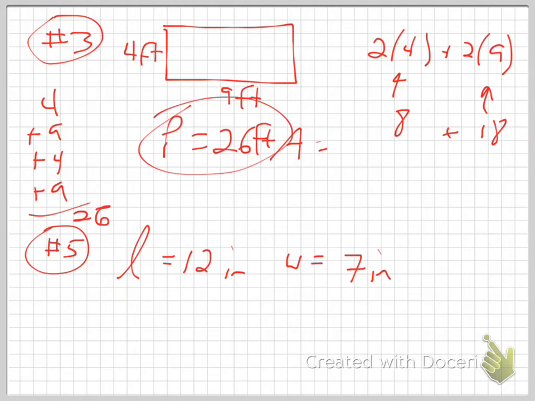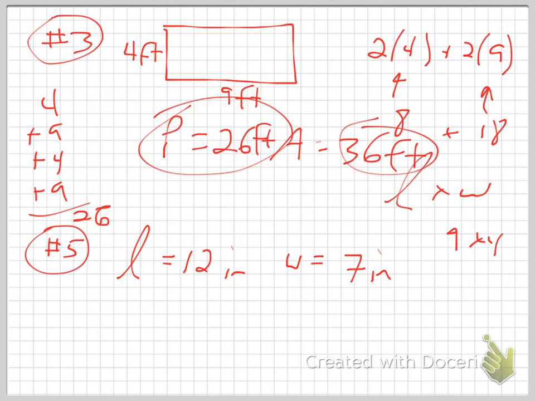Okay. Area. How do I find the area of any rectangle? Length times width, which is 9 times 4, which is 36 feet. Am I done? Is that right? 36 feet? No. If you put 36 feet like that, you're wrong. Because 36 feet is a distance. What is area again? It's the number of 1 by 1 squares that go inside.